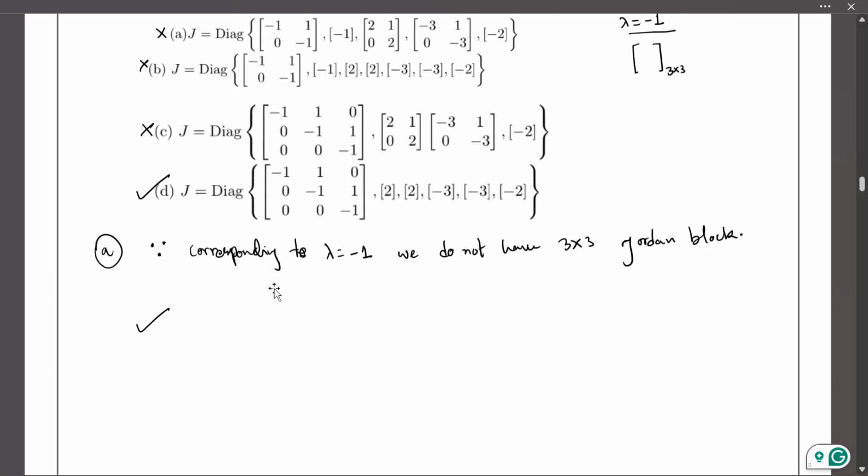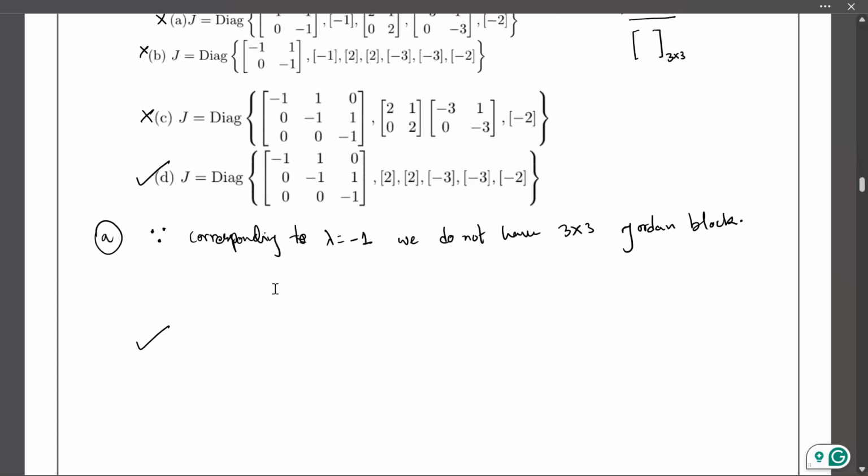Let me write it here so that next time while you read it, you can understand. A and B are false. And C fails. C is false. Why?